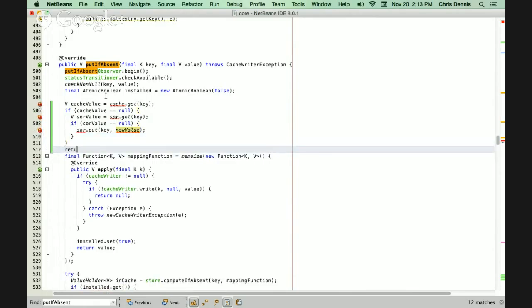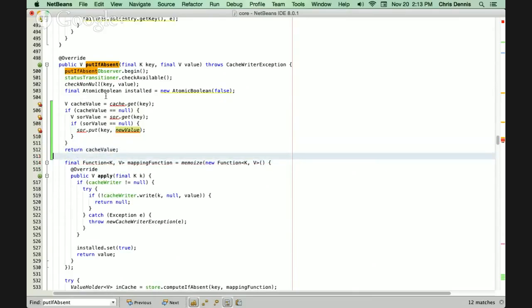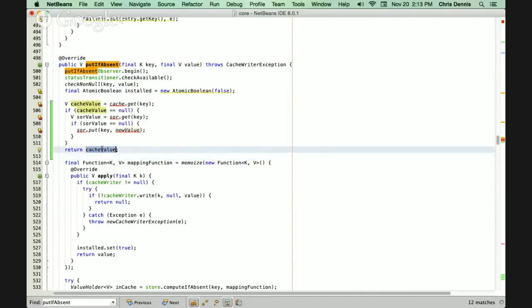And then at the bottom, we just return cache value. That is effectively what we have right now. And the problem with this is that from a putIfAbsent point of view, it's kind of useless. Because you can't tell whether this if was taken or not. Therefore, you can't tell whether the system of record was mutated by just looking at the return of the method.